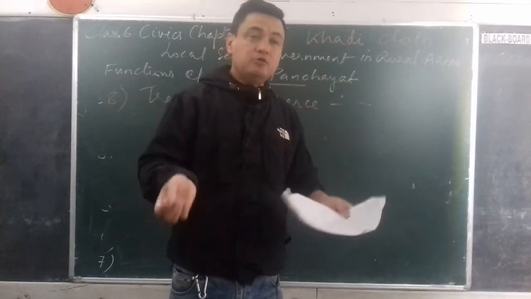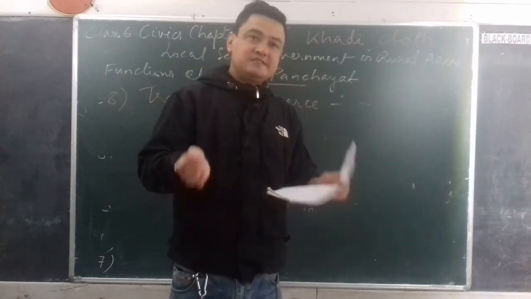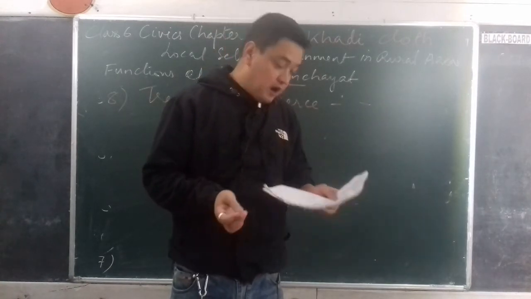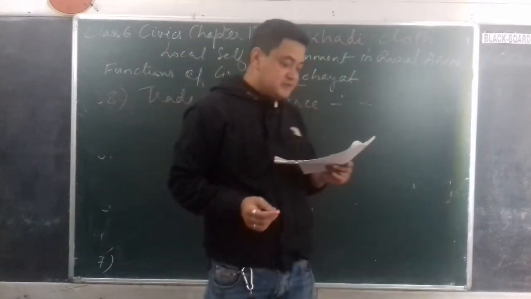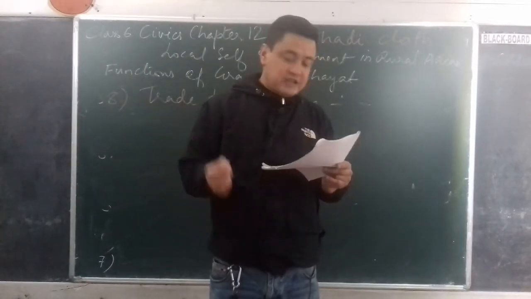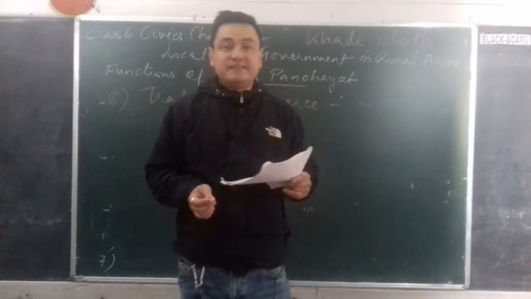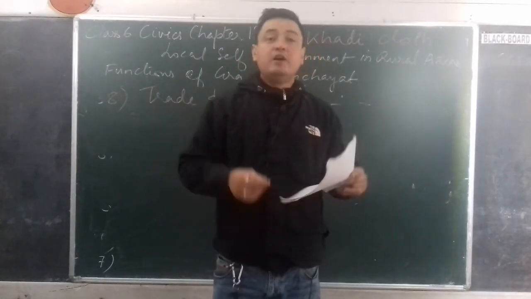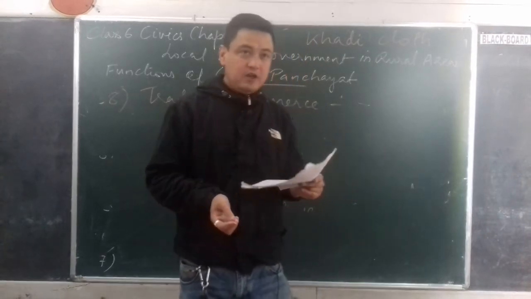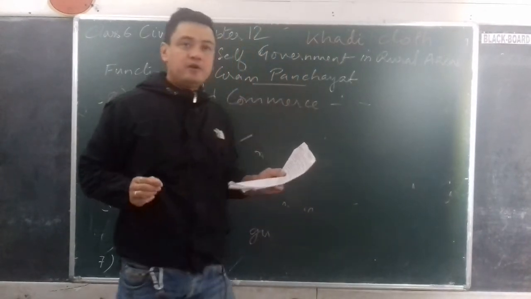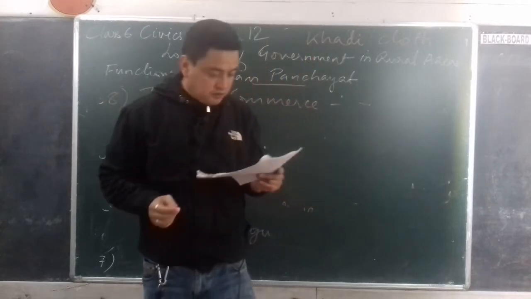And the people who sell the things are called Bepari. So trade and commerce means buying and selling of things, and these things are basically agricultural and industrial products, like they sell crops as well as cattle, etc., in this trade and commerce.